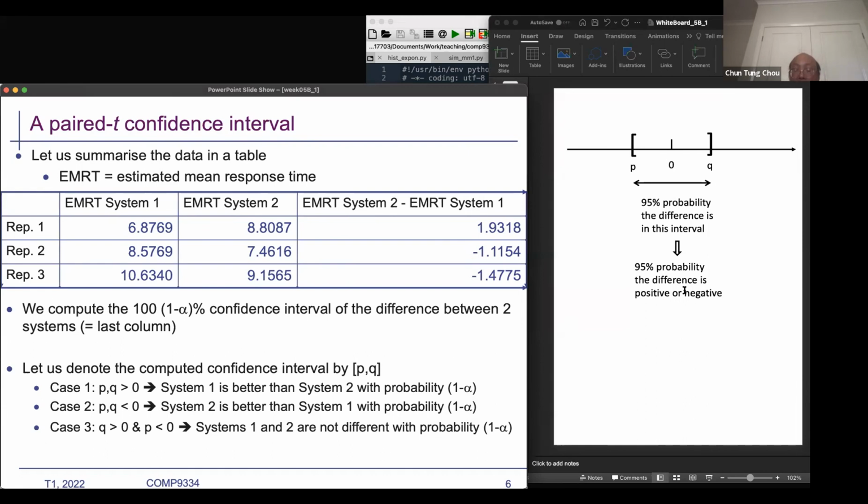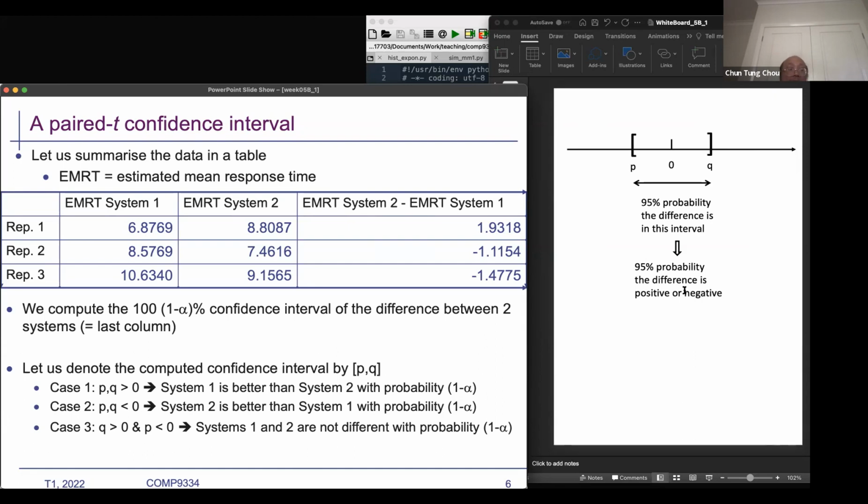Now, one thing that you need to realize is, if you can calculate the exact mean response time using a formula, there are only 2 conclusions you can draw: either system 1 is better or system 2 is better, or they are the same.